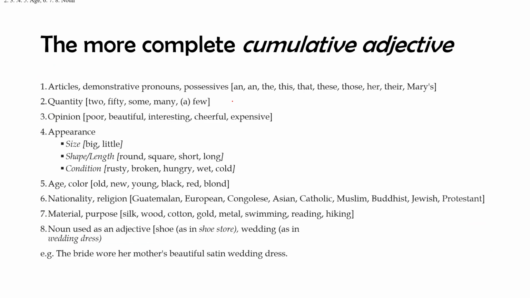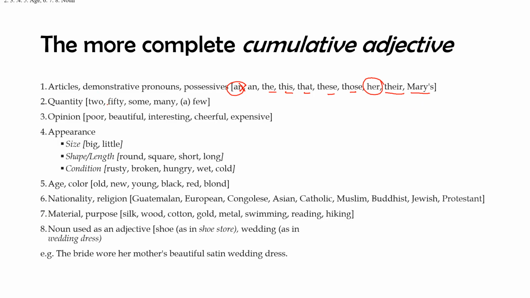Then we come to the more complete cumulative adjectives. As I explained before, TOSASCOMP is also cumulative adjectives, and this is the more complete one. The first one is article, demonstrative pronoun, and possessive. Articles like a, an, the; demonstrative pronouns like this, that, these, those; possessives like her, their, Mary's.